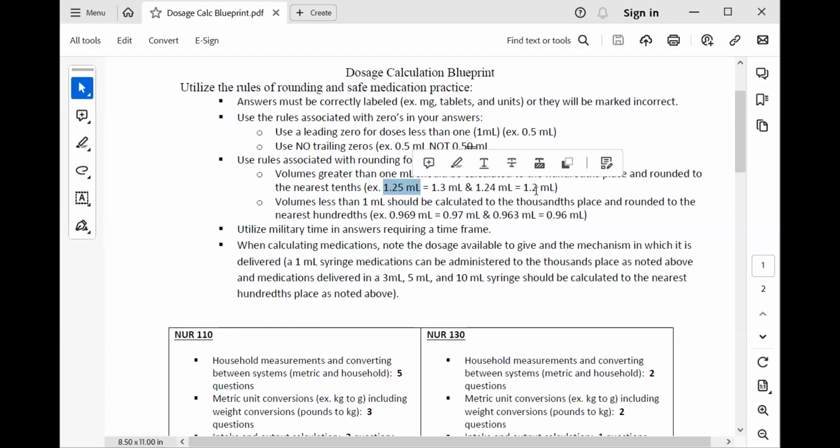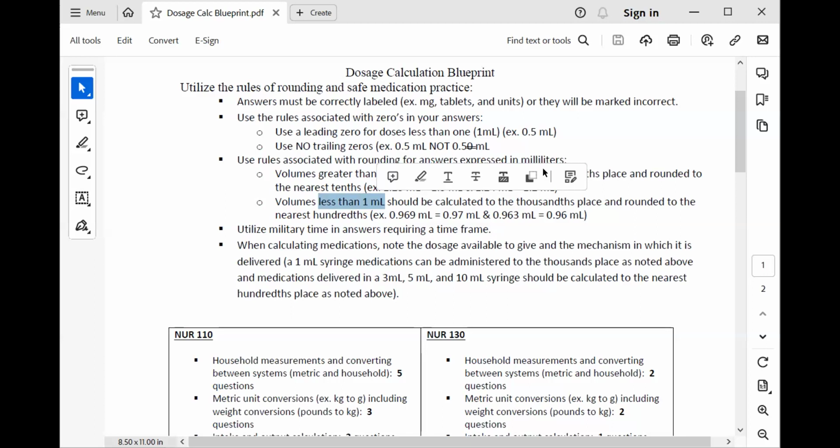I'll go over this again, and you'll hear me repeat myself, so don't feel like you have to remember all this. That's the bonus of coming to these frequently: hopefully it'll help you remember some of these things that you might get tripped up on. If you have a number less than 1, you can go into the thousandths place if it's applicable.